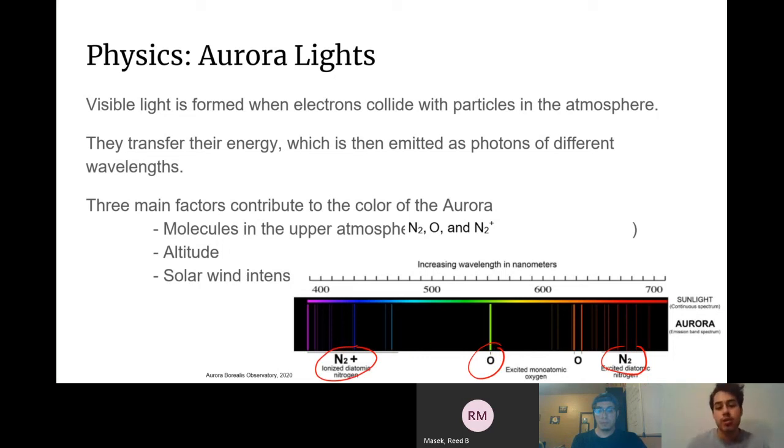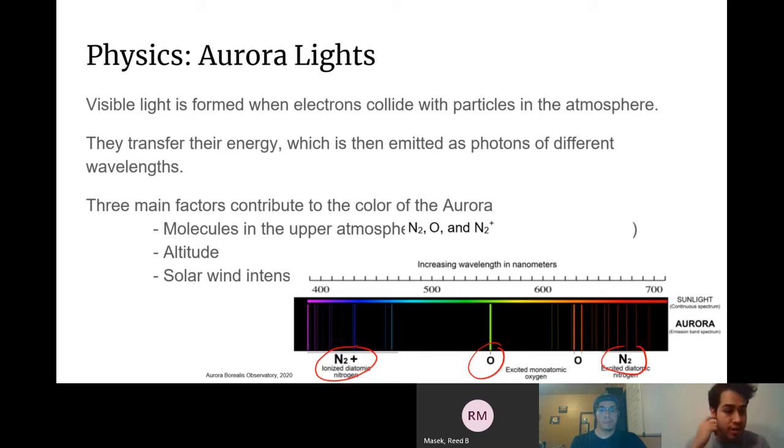Once these particles come in from the sun, they collide with these other molecules and they excite photons in different wavelengths. We can see over here an energy chart showing the relationship between the wavelengths and the molecules as they're being excited.